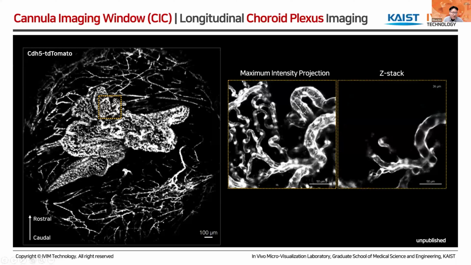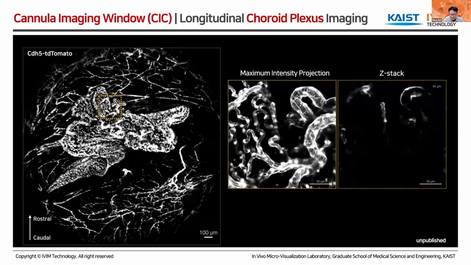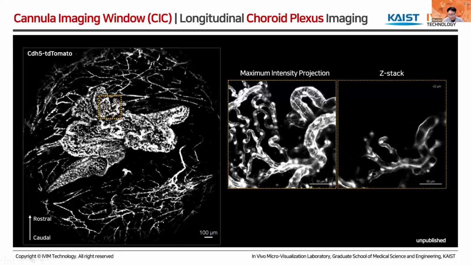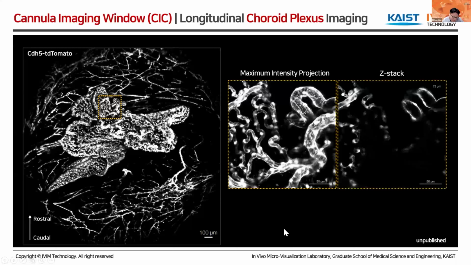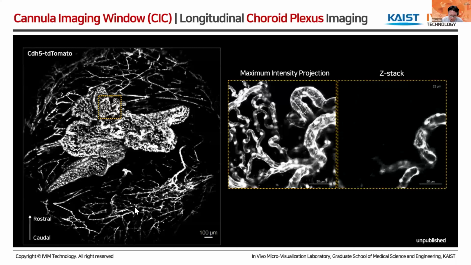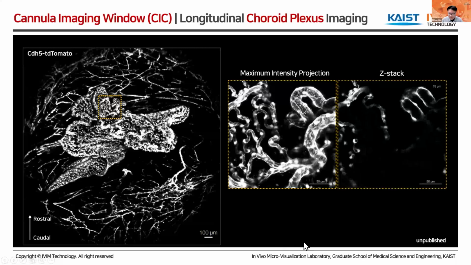The good thing about using this CIC is we can repeat this kind of imaging in a single mouse model over several months, even over a year, which allows us to track slowly changing cellular structures and behaviors in the live mouse model.